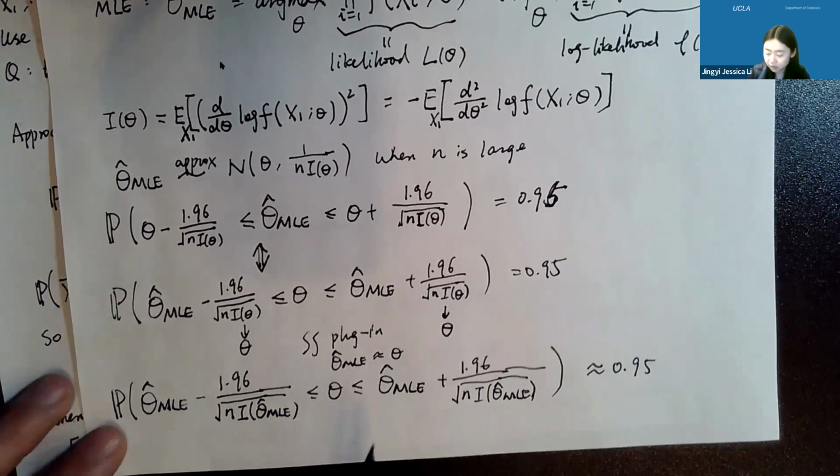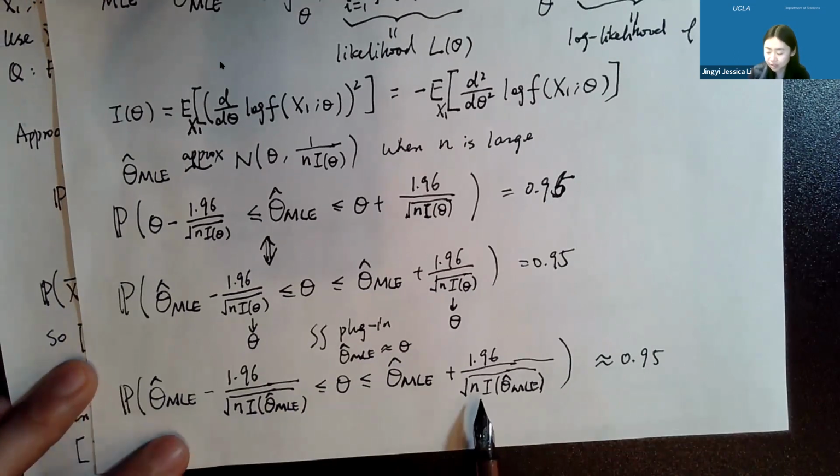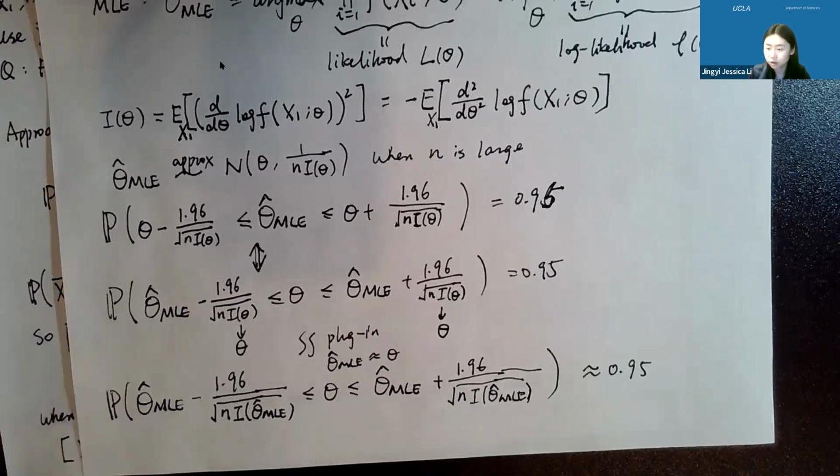So after all, now you can see both boundaries are only about our data, right? With your data, you can compute the two boundaries. It doesn't involve unknown parameters. So we're done.